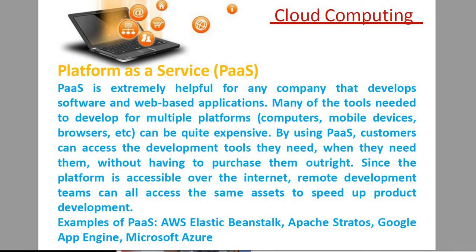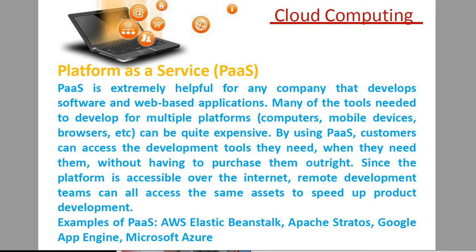Next is platform as a service, PaaS. PaaS is extremely helpful for any company that develops software and web-based applications. Many of the tools needed to develop for multiple platforms like computers, mobile devices, browsers, etc. are quite expensive.